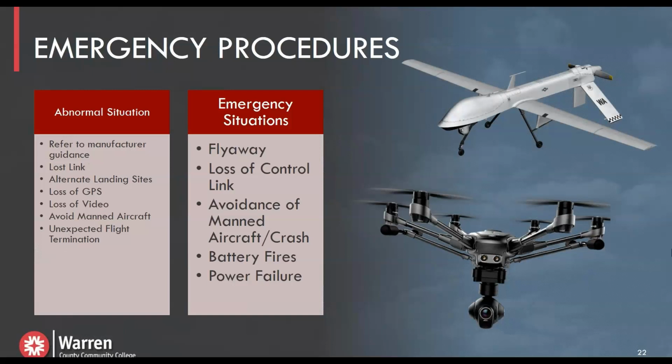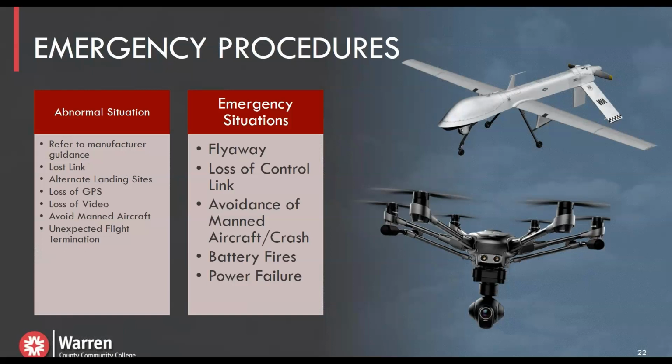Emergencies are: a flyaway. A flyaway is an emergency. In other words, the lost link procedures did not occur as previously planned, and the drone just flew away. Loss of control link. Here is where the lost link procedures again don't happen.